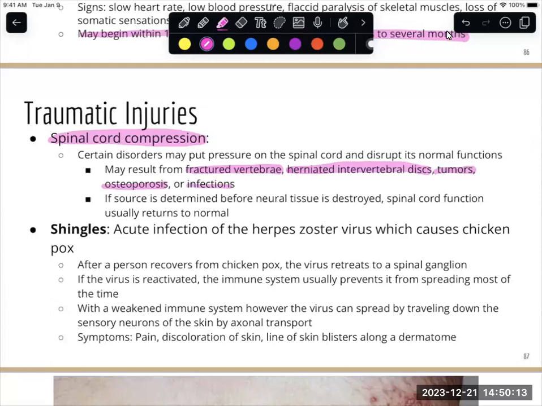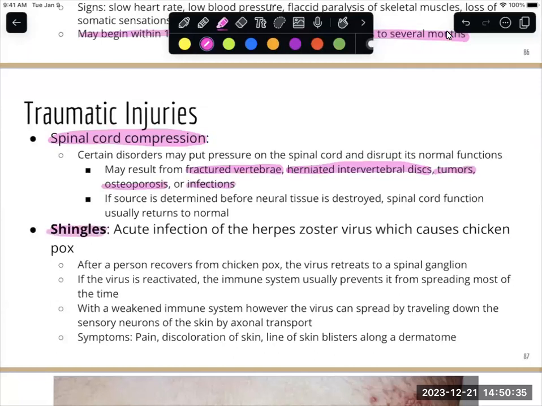Infections that get into that spinal column can as well. If we can determine the source of the spinal cord compression before that nervous tissue dies, we can usually reverse it. But you've got to find the source pretty quickly.